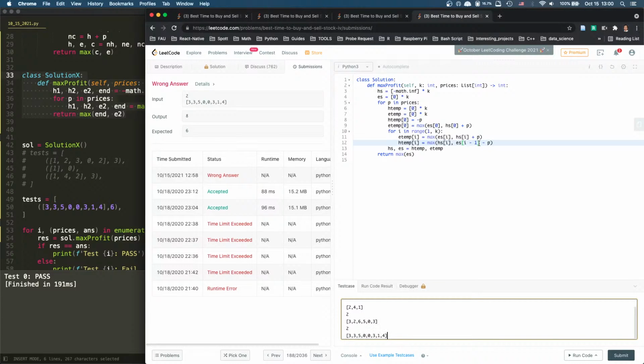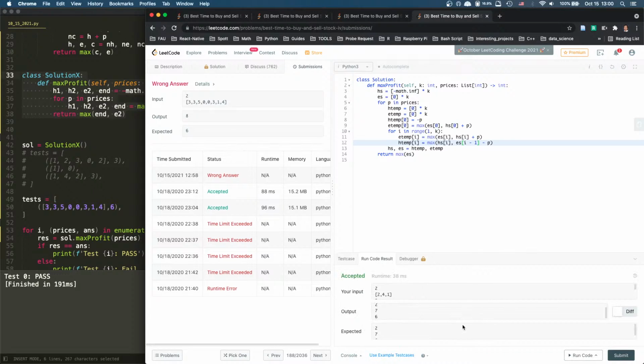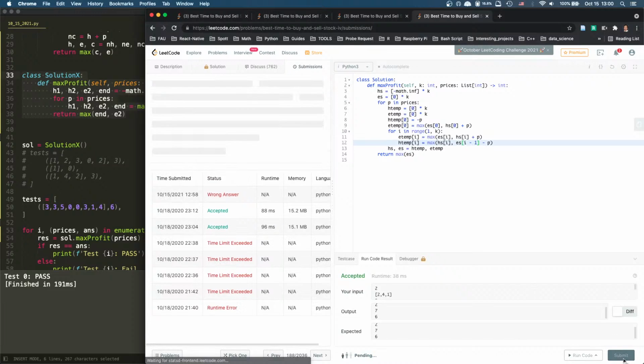H is wrong because the holding state is from the previous empty state. Okay, let's try this again. There we go. 6, 6. That's the previous empty state. That makes sense. I'll try it again. Submit.